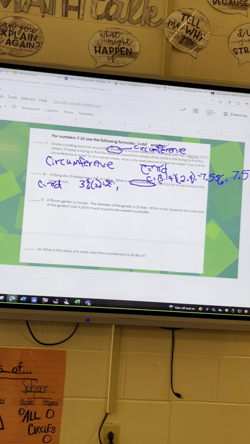23/3, which is 7.6 repeating, but let's just leave it 23/3. And now we're going to put that into our C equals 3.14 times 23/3. Okay?